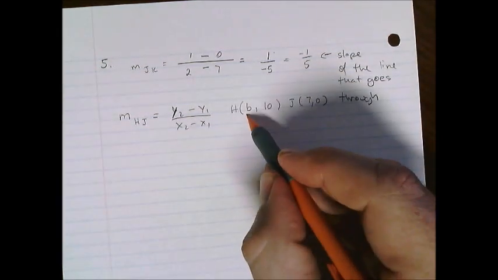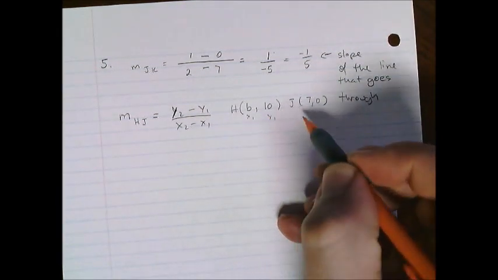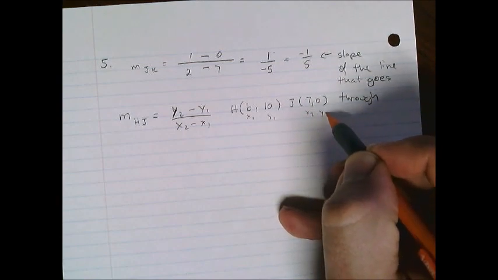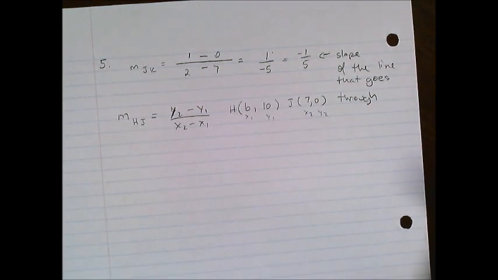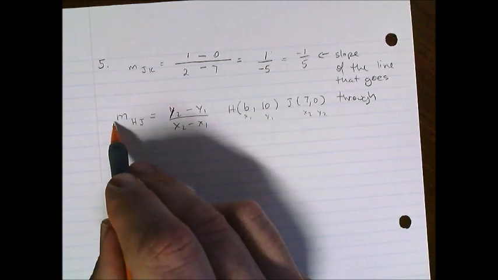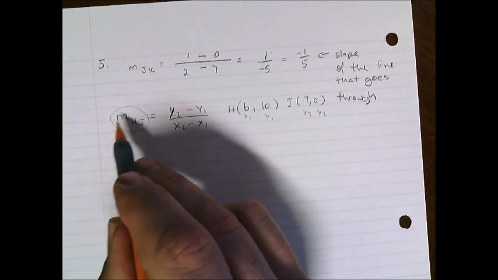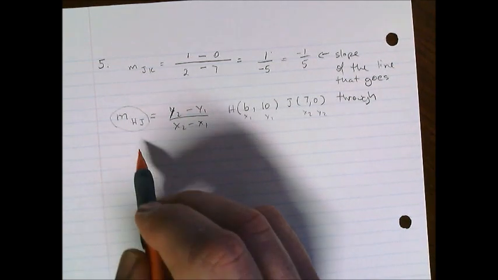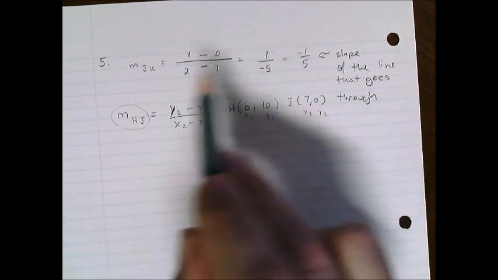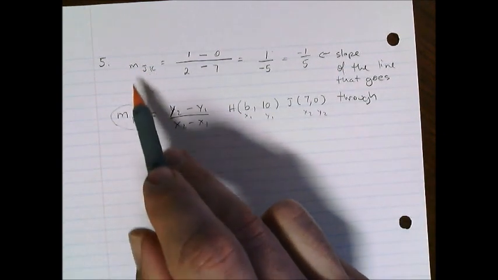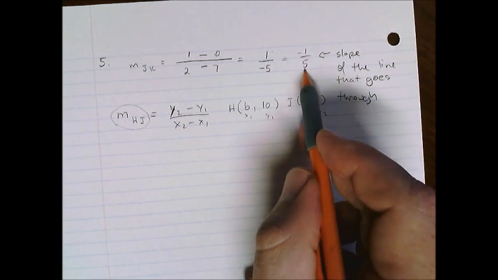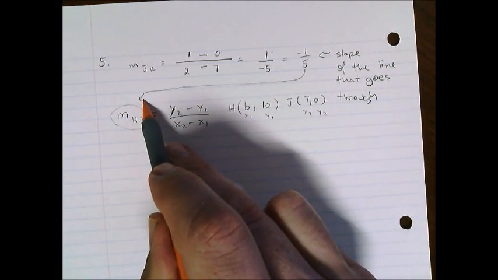I'm going to call this x1, y1, and this is going to be x2, y2. And so what is this going to be? This slope between these 2 points that I picked is going to be the same as the first 2 points that I picked because they're on the same line. So I'm just going to take that and substitute that in there.